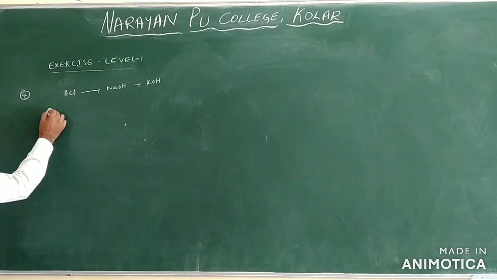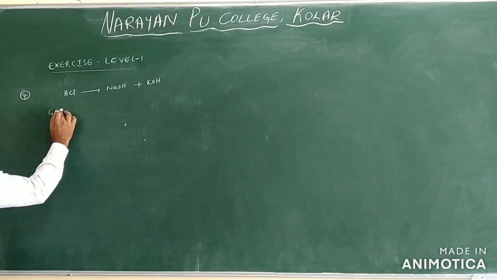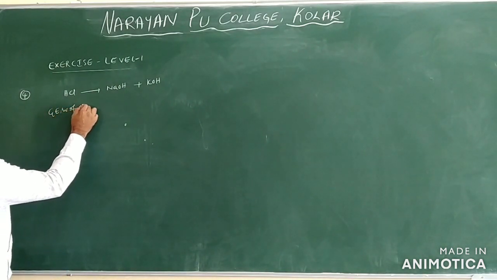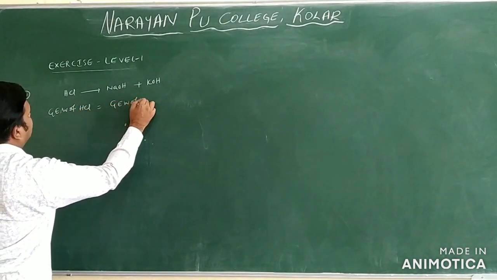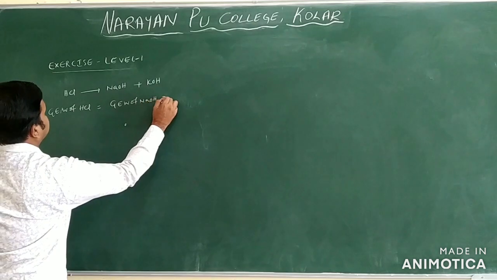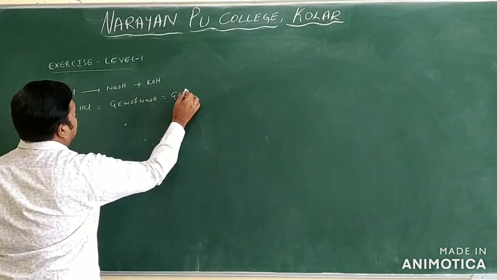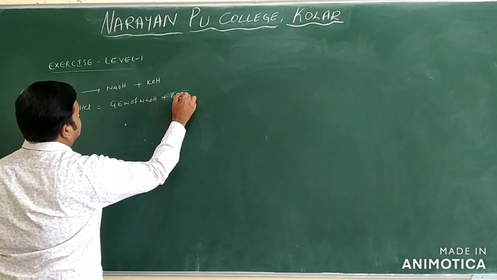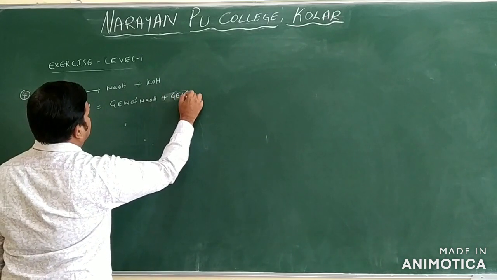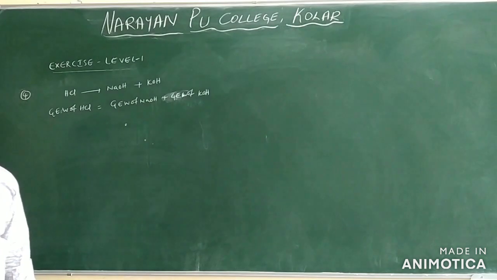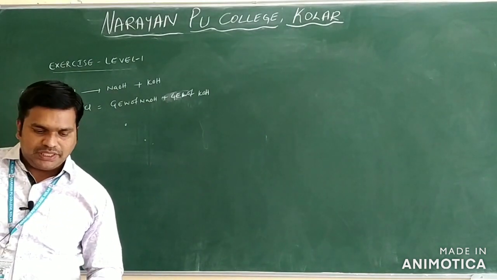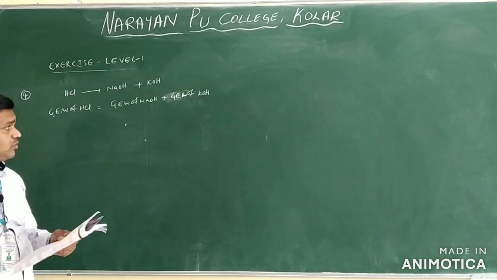So here these are the reactants, and you can imagine these are the products. I will write here: gram equivalent weights of HCl is equal to gram equivalent weight of NaOH plus gram equivalent weight of KOH only. Clear? So here what is the normality first of HCl?